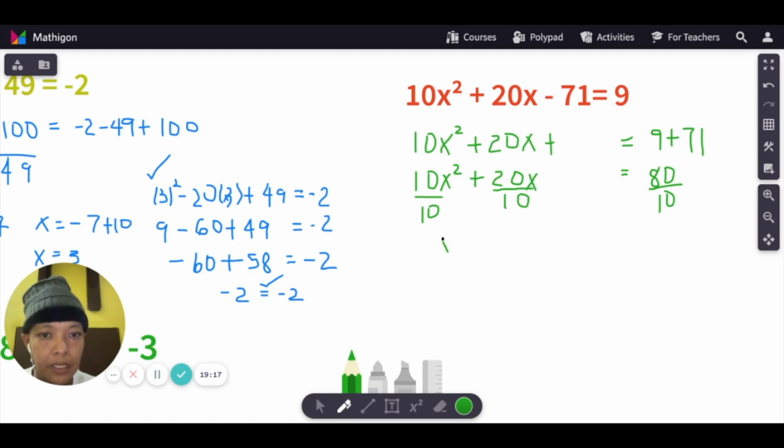So, this will become x squared plus 2x, tama? Plus, then 80 divided by 10 is 8. Okay? So, paano kukunin yung constant term here? 2 divided by 2 is 1. 1 squared is 1. So nag-add ako ng 1. Add din ako ng 1 dyan.